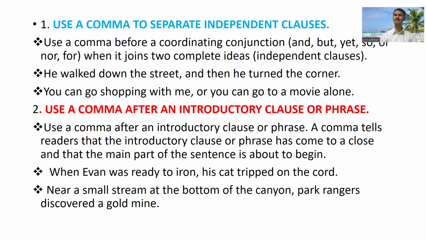They both can give meaning. But if you want to join these two clauses with a coordinating conjunction, use a comma before the coordinating conjunction. Okay, you can go shopping with me or before or, and you can see there a comma is used.